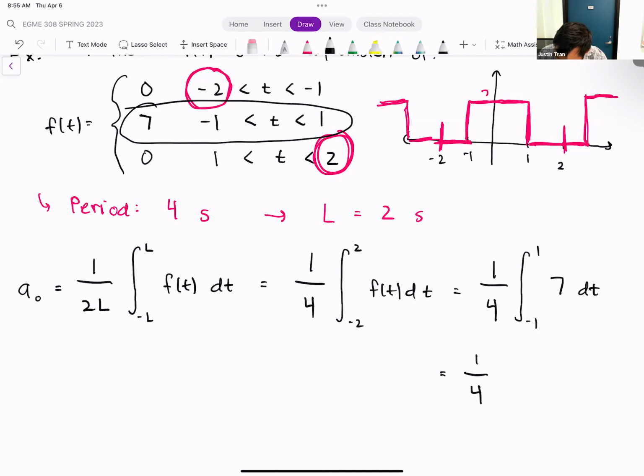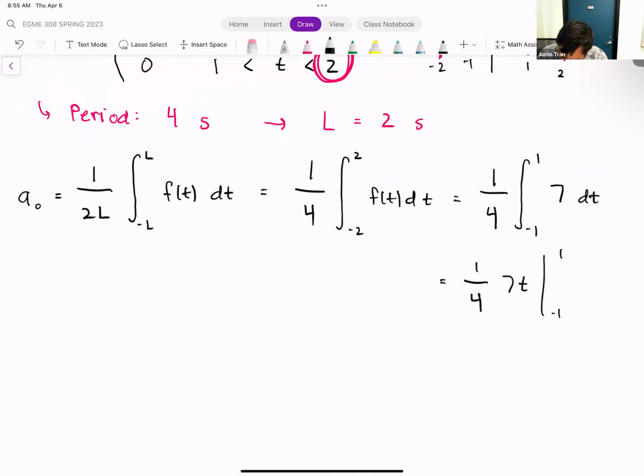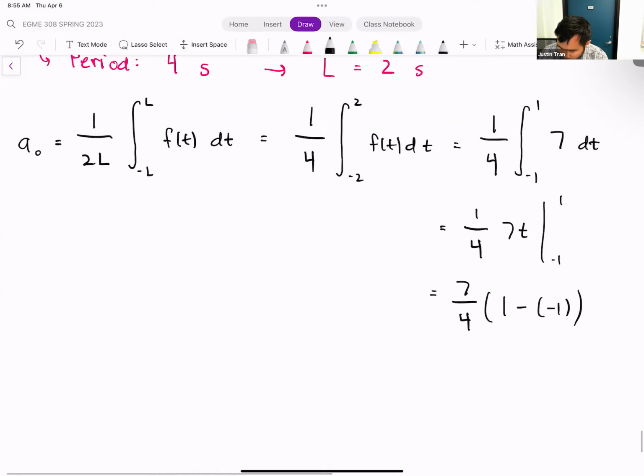So we have 1/4 times 7. 7 is just a constant, so we have 7t evaluated from -1 to 1. This is going to be 7/4 times (1 minus -1). That 1 minus -1 is equal to 2.